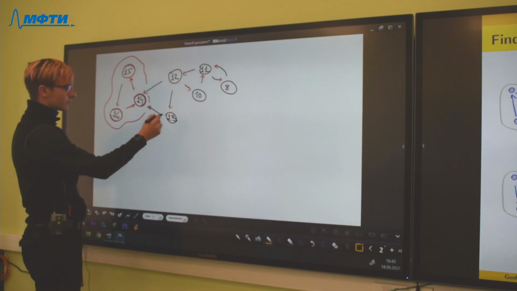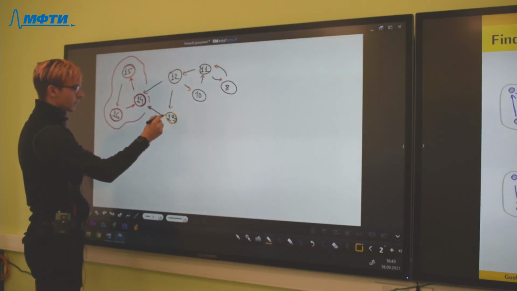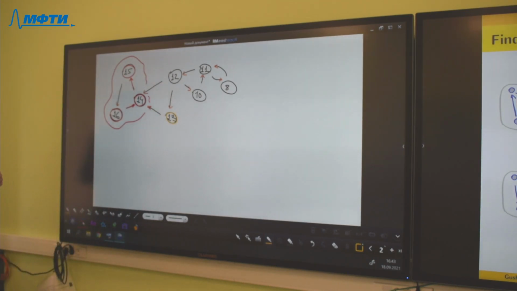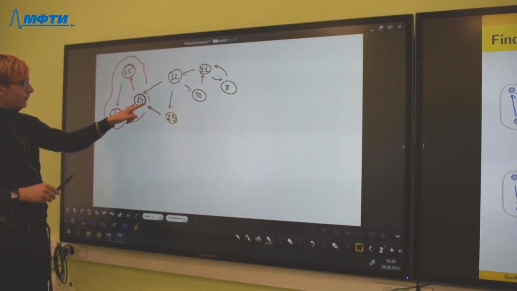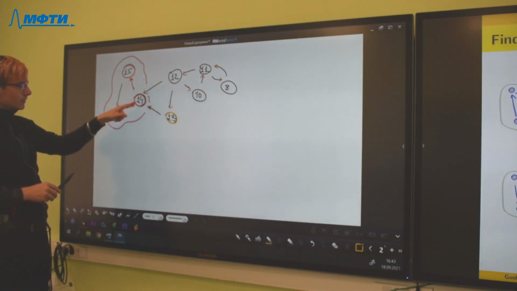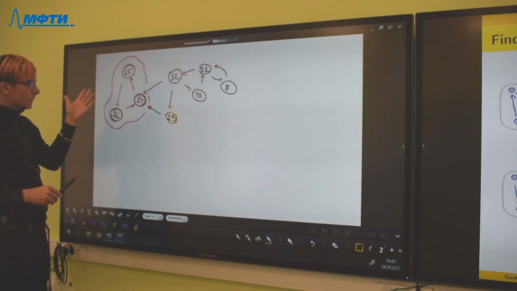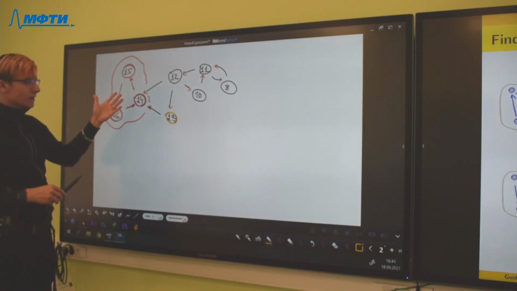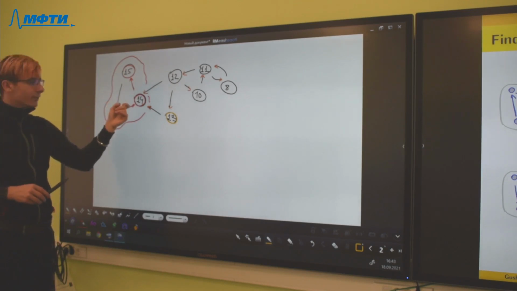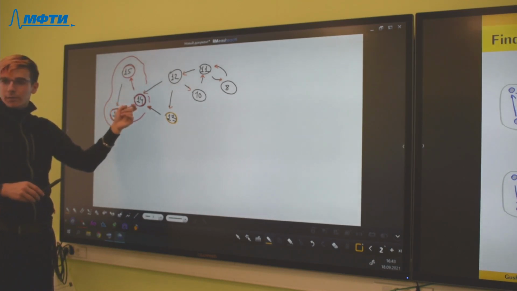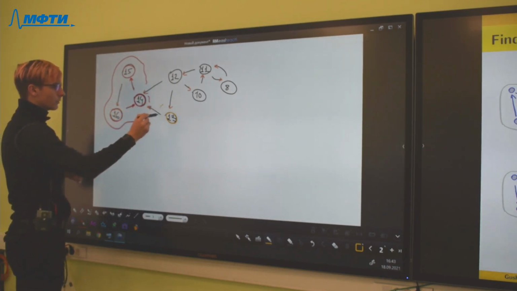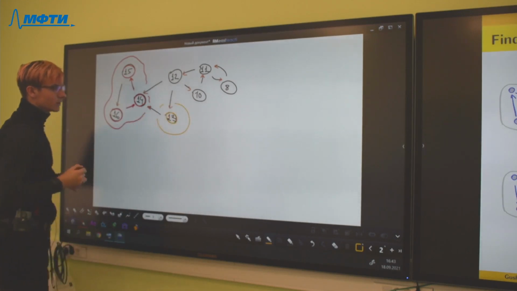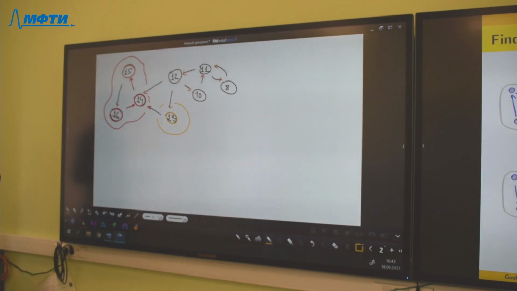So we start a second DFS visit from this vertex and see, okay, we have only one adjacent vertex, but it was already explored in the first step. So it is a new strongly connected component.